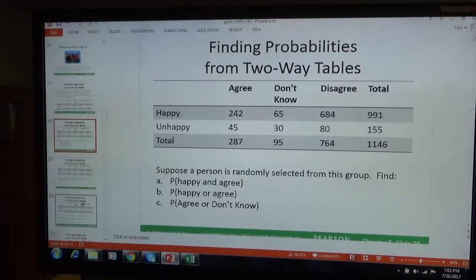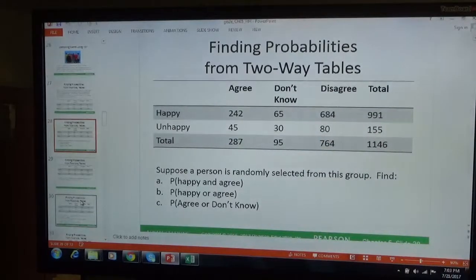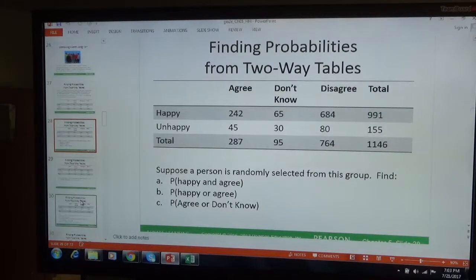Either you agree or you don't know, or disagree. These cannot happen at the same time to one person. If you answer I don't know, then you cannot be agreed.